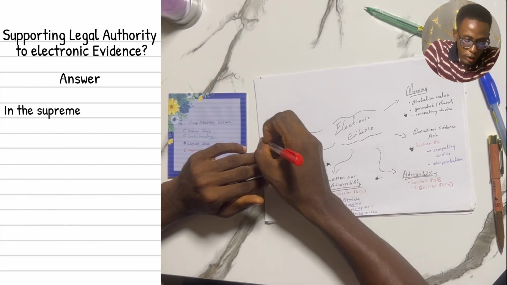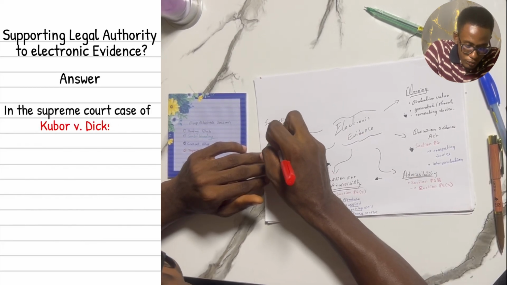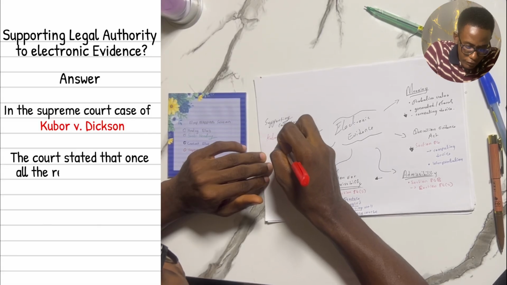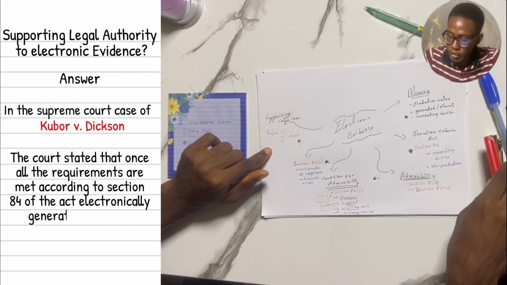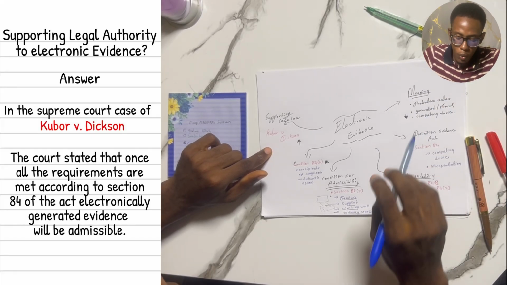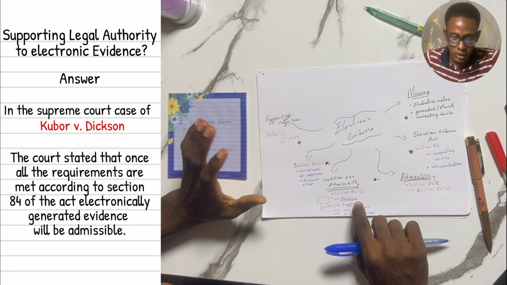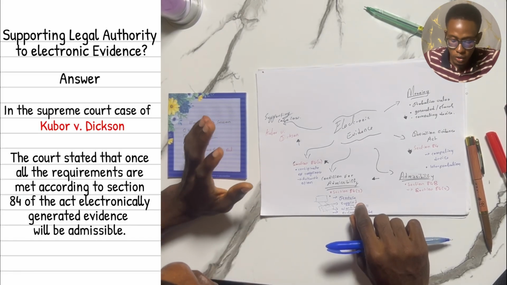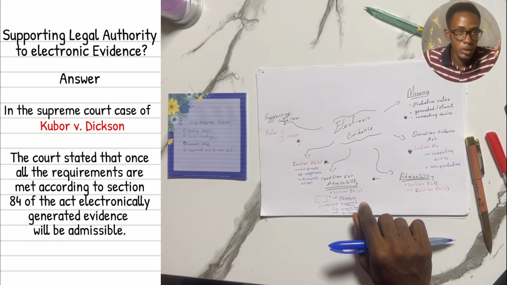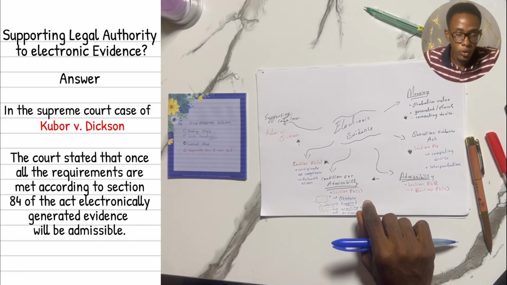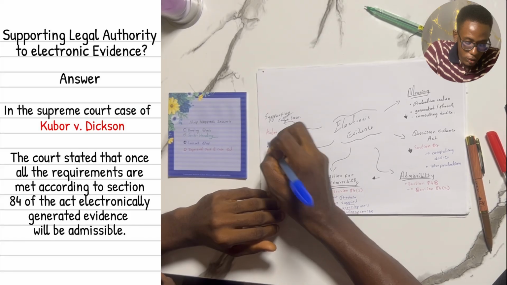That will be the case of Cobo versus Dixon, if I'm not mistaken. That's a Supreme Court case that states that when the conditions of admissibility are met, the electronic evidence will be admissible in court, and that's a Supreme Court decision.